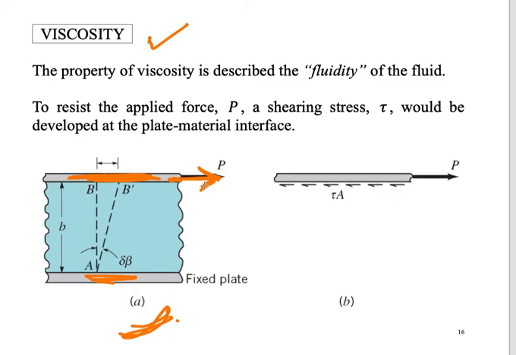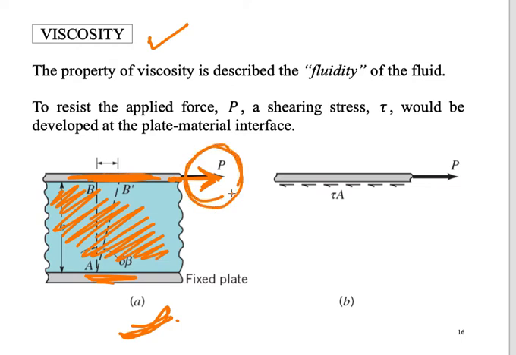If between these two plates we put a liquid with different viscosities, you will find that if the viscosity is higher, you need more force to pull the top plate. Why? Because with high viscosity, the molecules stick very hard on the surface, and they resist the motion.